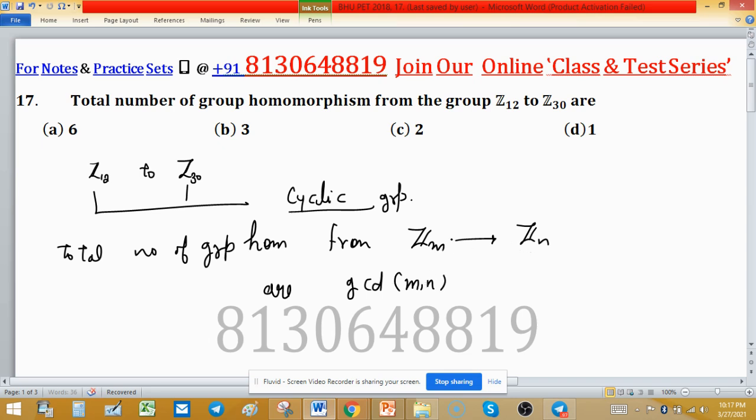Here m and n are 12 and 30 respectively. So GCD of 12 and 30, the greatest common divisor, is 6. So the answer is 6. Option A is true.